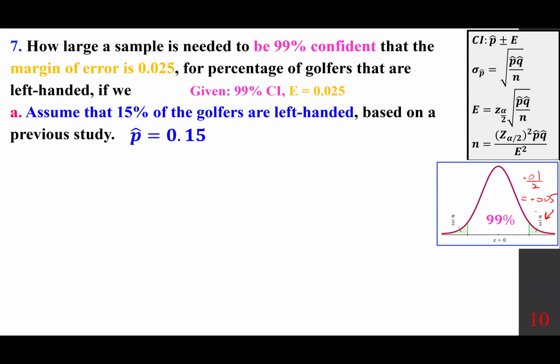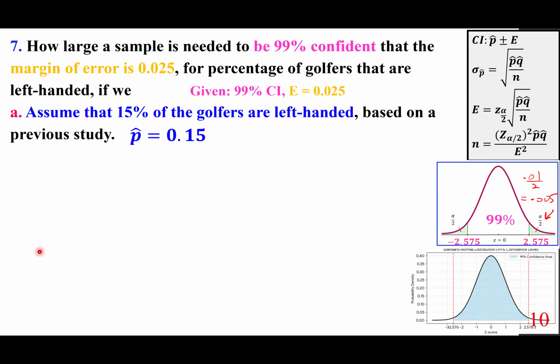This is the area on each side, each tail. Common value, and the z-score is minus 2.57, plus 2.57. Okay, so I wanted you to see that. And so for a confidence level of 0.99, Z is 2.575.